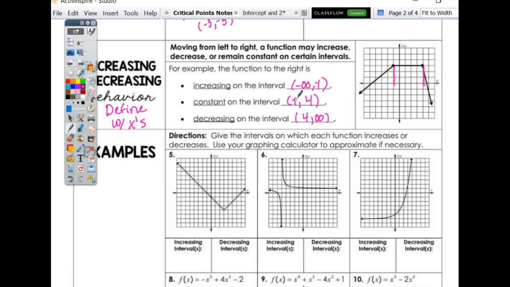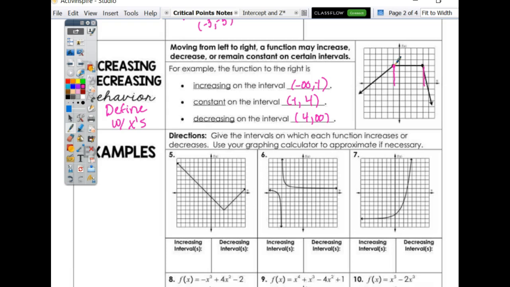So the reason they're parentheses: this point right here, when I put the parenthesis, is that increasing or is it constant? Why is it not increasing? Because it stops right there, right?